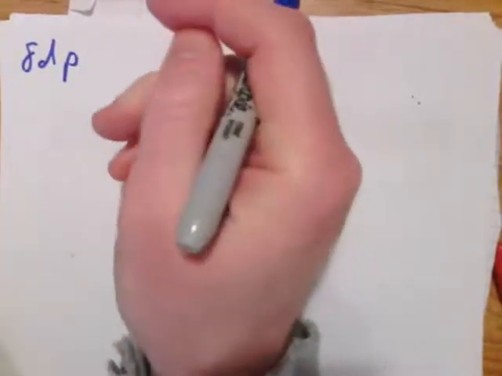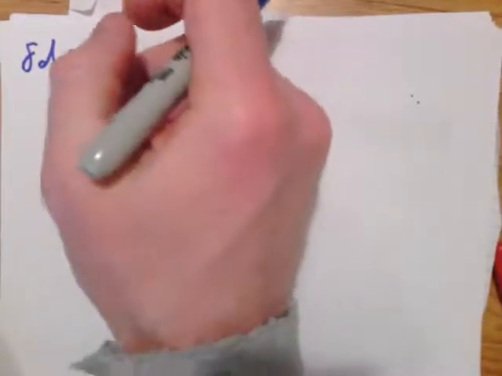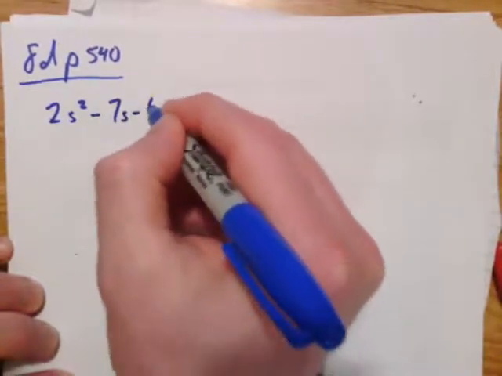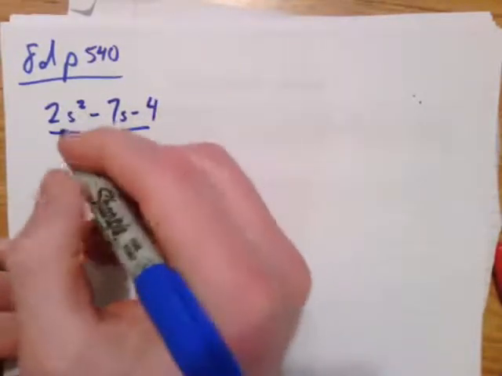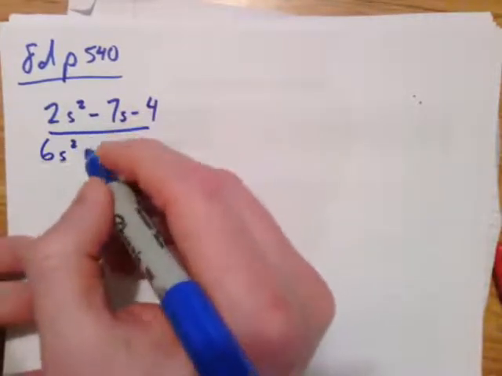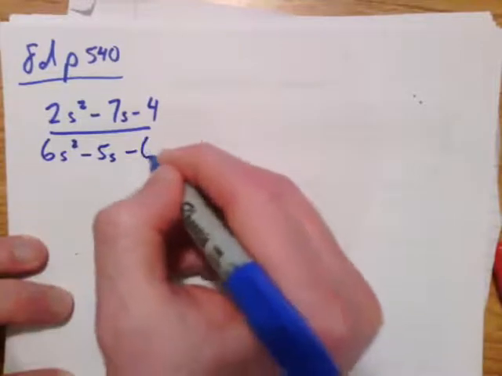8D, page 540. Oh, it's just a little one. Just kidding. Okay, we have 2s squared minus 7s minus 4 over top of 6s squared minus 5s minus 6.